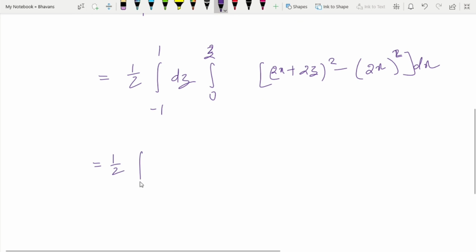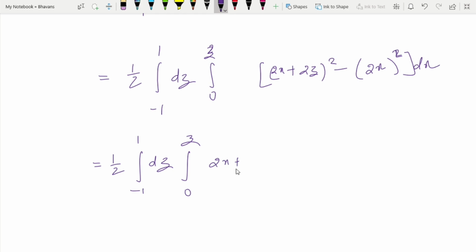So now this is 1 upon 2, integral -1 to 1 dz, integral 0 to z. So this is around 2x plus 2z. Let me pull out 2 from here, or yeah, no use of it.